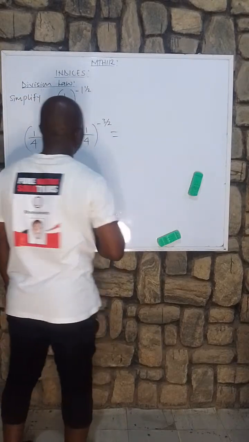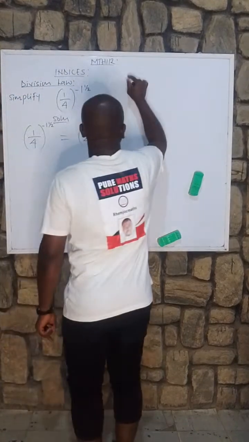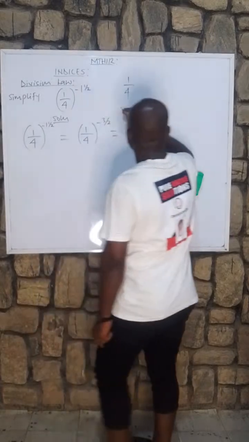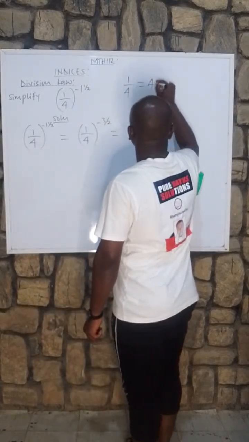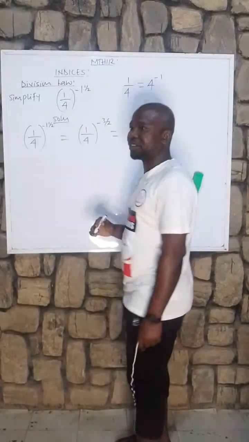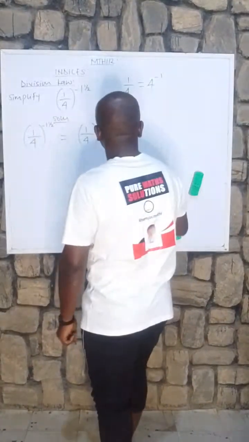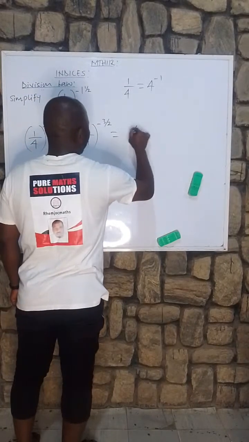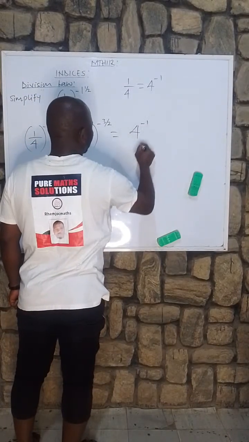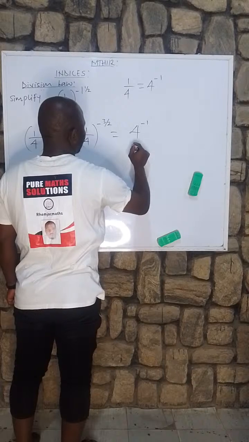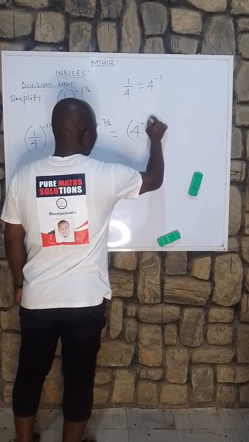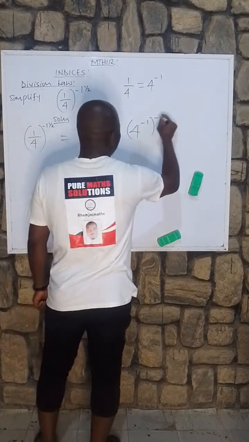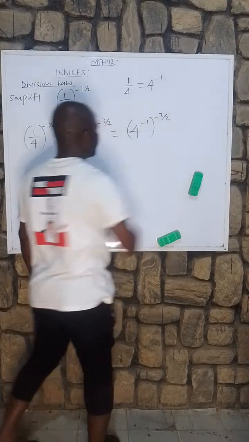If you can see what I am saying, this is the same thing as if we have 1 all over 4. Mind you, this is the same as 4 raised to the power of minus 1. True or false? It's true, right? So this is the same thing as (4 raised to the power of minus 1) raised to the power of minus 3 all over 2.